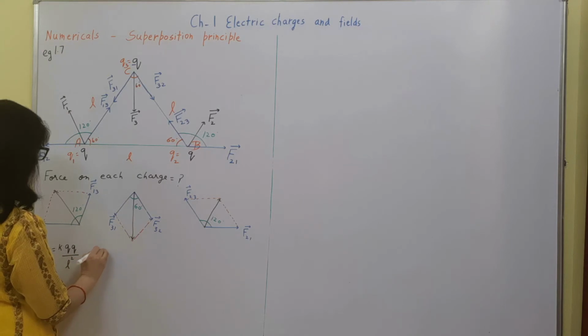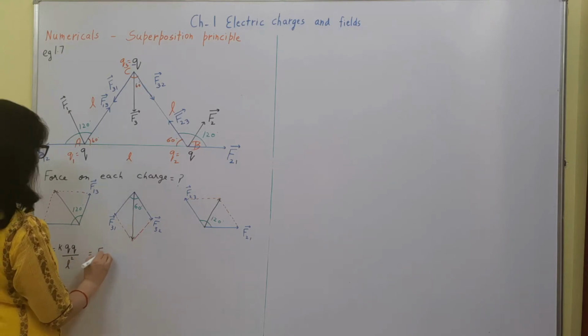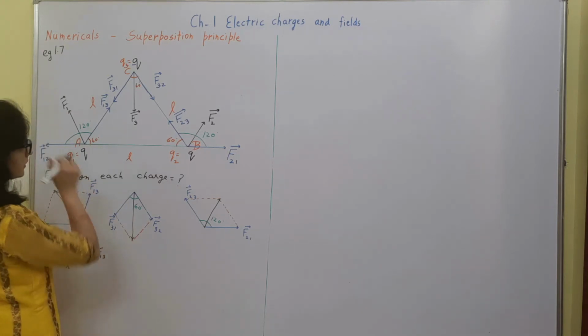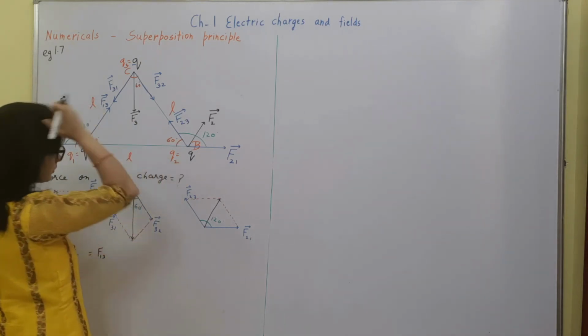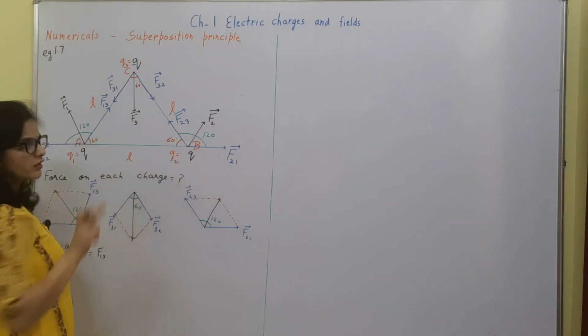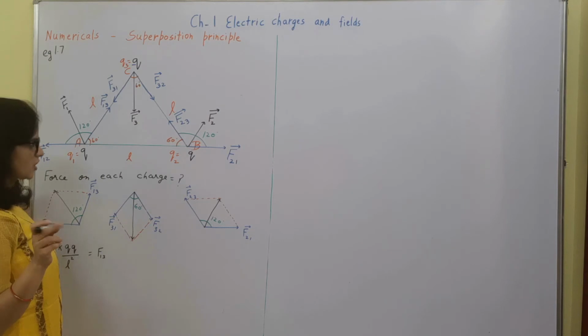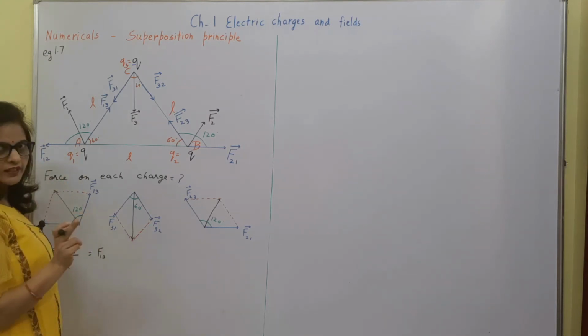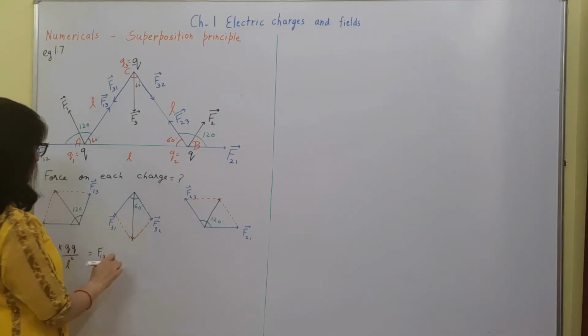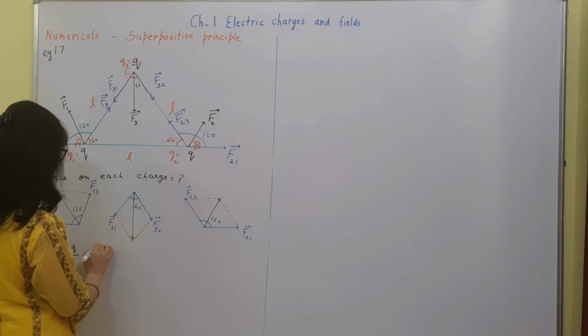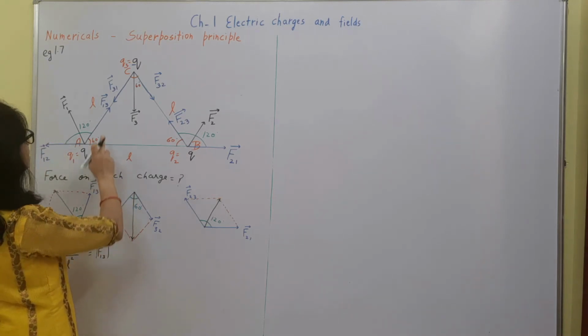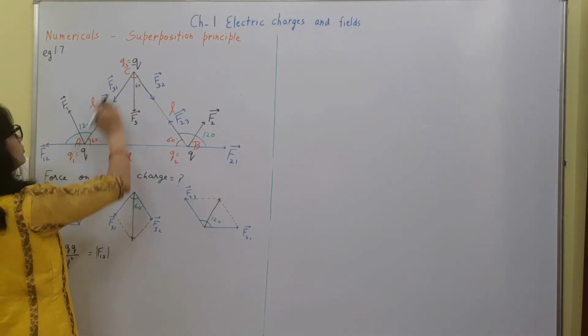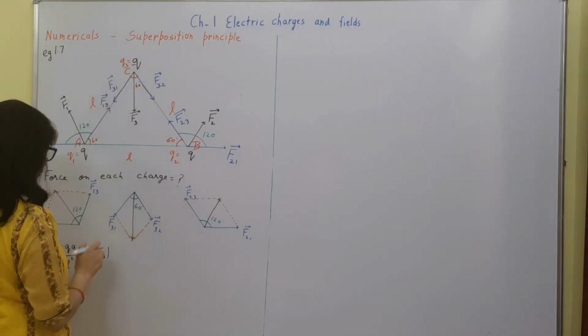Similarly, magnitude of F13, we are writing simply magnitude because we have marked the direction according to the polarity of the charges. So we will take here only the magnitude of the charges. So F13 magnitude will also be, F13 is this K Q Q upon L square.